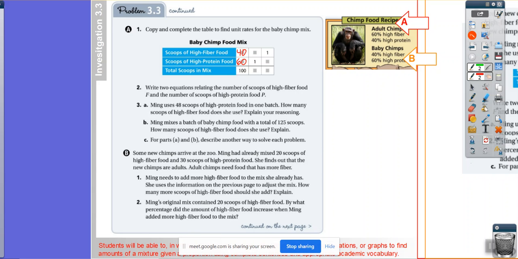Okay, and then what we did, if one was the high protein food scoop, we divided that by 3, because 60% divided by 3 is 20%, and 1 divided by 3 is 1/3, so 20% would equal 1/3. Then we multiplied 20% by 2, so 1/3 times 2 to get 2/3, and 20% times 2 is 40%.